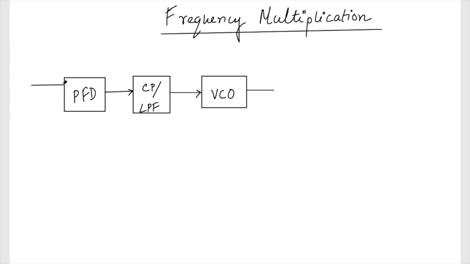We have our omega in or F in and frequency F out, and we have taken a feedback and given it to the phase frequency detector.